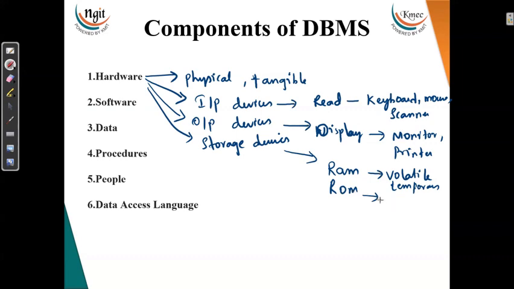Read-only memory is a permanent storage of data, which is non-volatile in nature. Once you have written the data into ROM, it will be used permanently. And these are stored on the hard disk or secondary storage area. So all this together represents the hardware component.